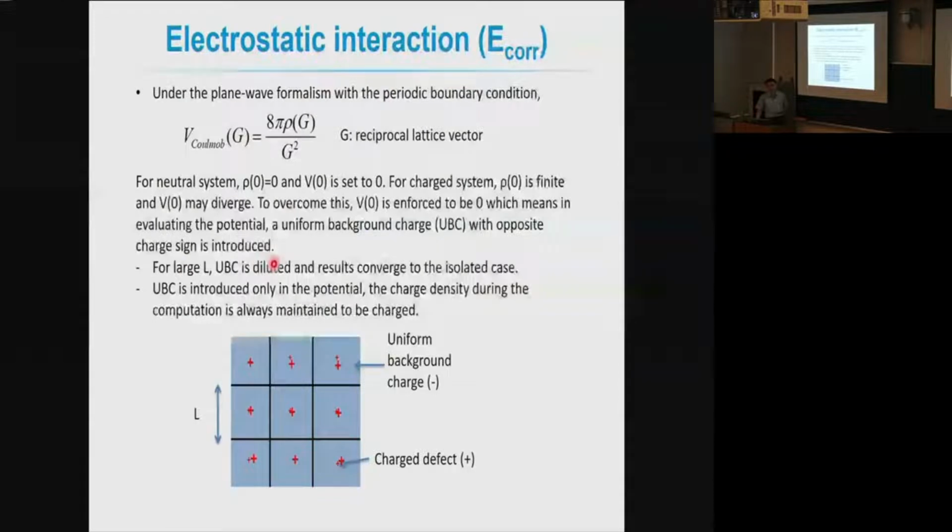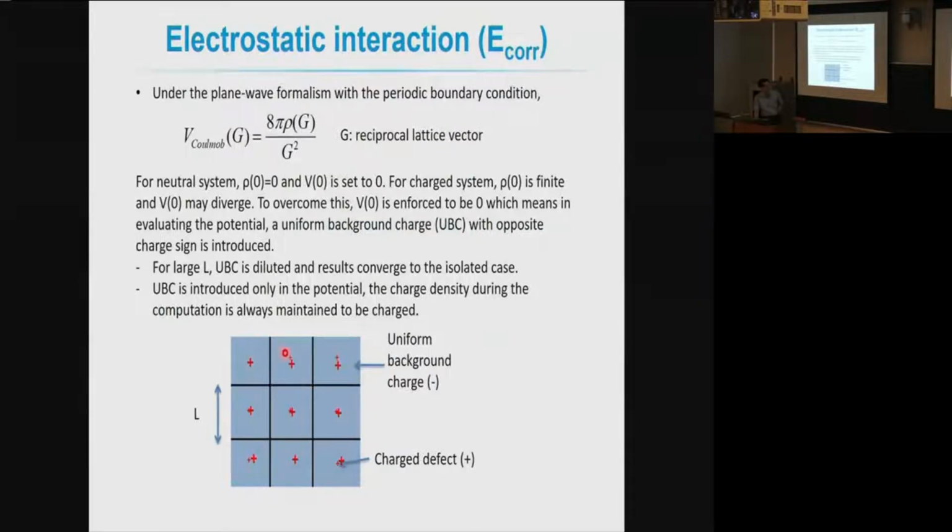For example, in this periodic cell, these plus charges are the oxygen vacancy, let's say, VO plus. And in order to have neutral charge, you have uniform background charge, minus charge with the same amount, but it is completely constant throughout the system.